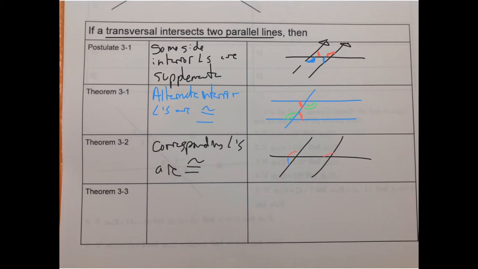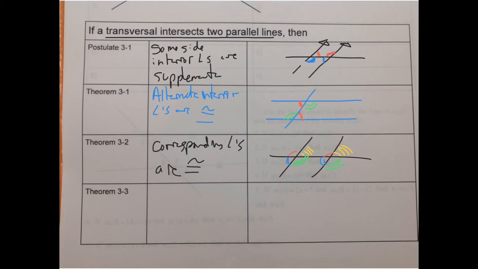They will be congruent. That angle will be congruent to that angle. This angle will be congruent to that angle. Remember how many arcs in a diagram, an angle will be congruent to the other angle that has that many arcs. So corresponding angles are congruent. And again, if the lines look parallel, these will look congruent.